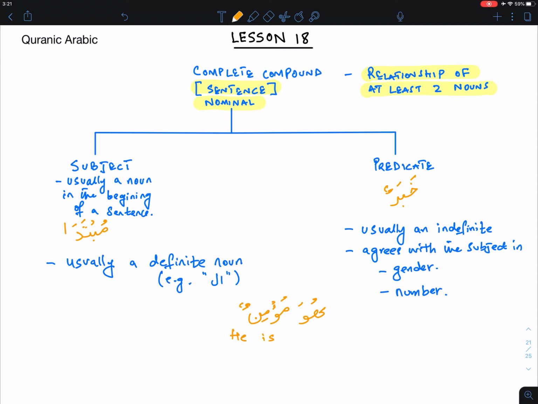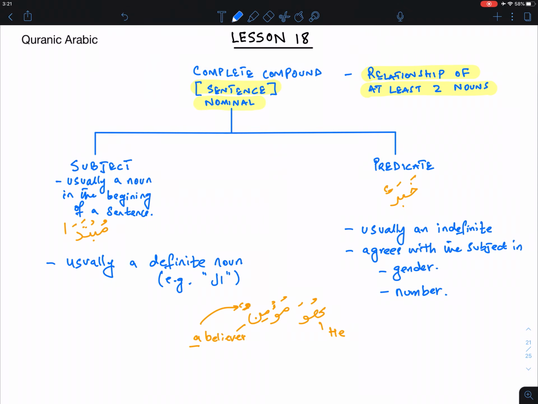So let me write it another way so it's clear to people. So the word here, huwa, means he. And this is a believer. Why did we say it's a? Because of the tanween. So it refers to an indefinite. So a believer.